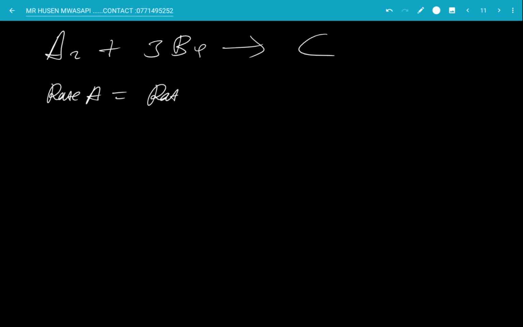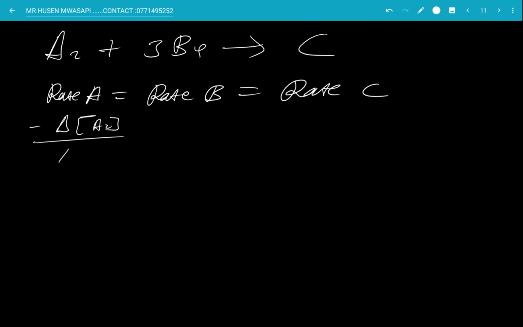If you have, say, A2, just a quick reminder, plus 3B4 producing maybe something like C. Remember, the relationship will be rate A is equal to rate B, which is equal to rate what? C. This will be minus the change in concentration of what?